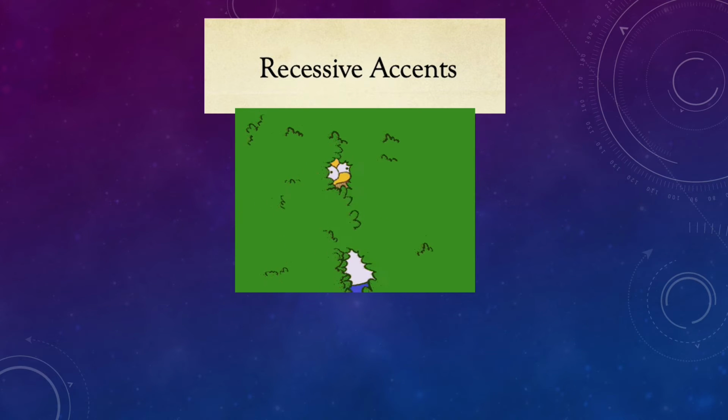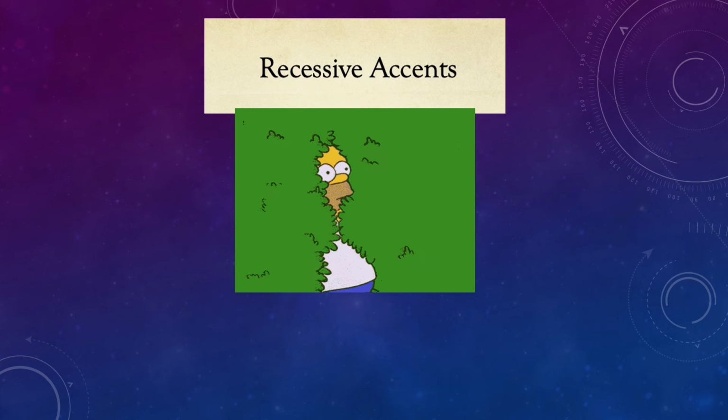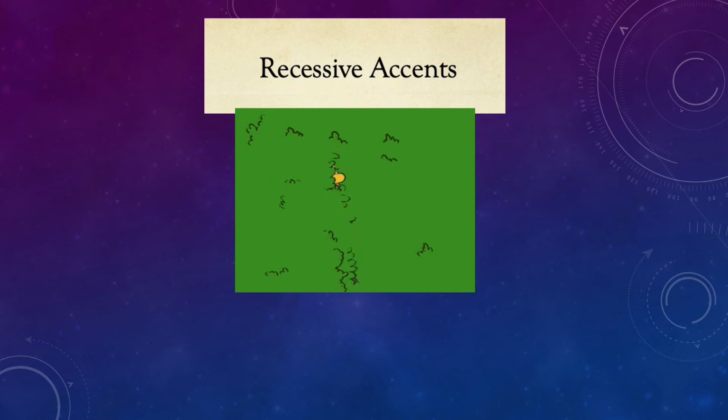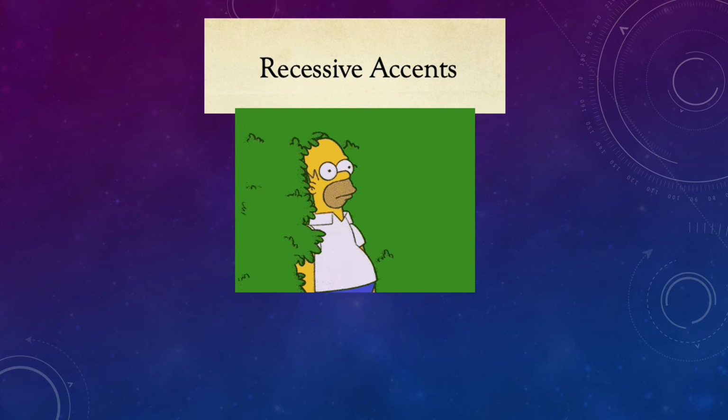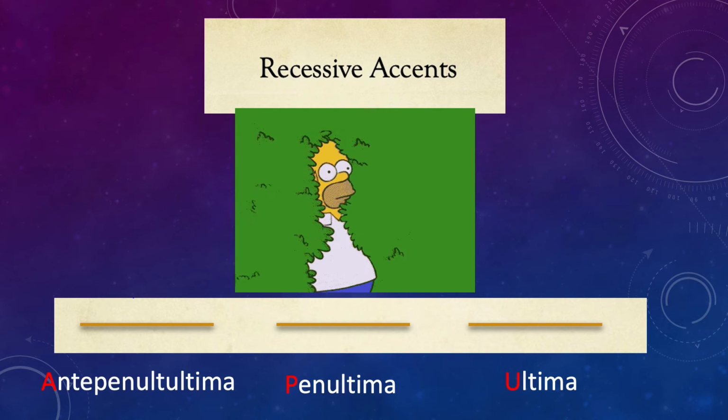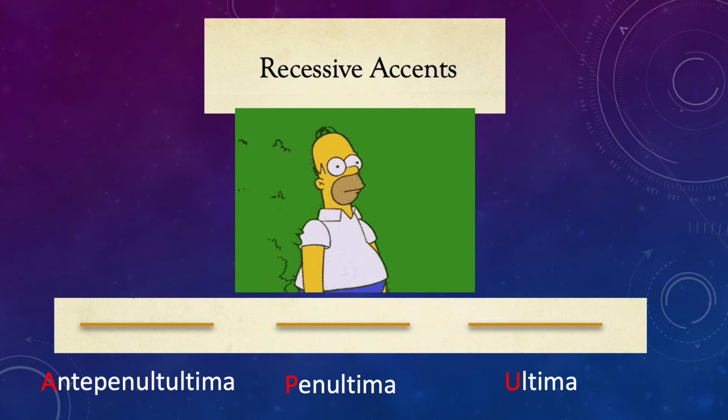The accent of the Greek verb is recessive. This means that the accent tries to sit on the syllable farthest from the end. The Greek accent can only sit on one of the last 3 syllables of any word.